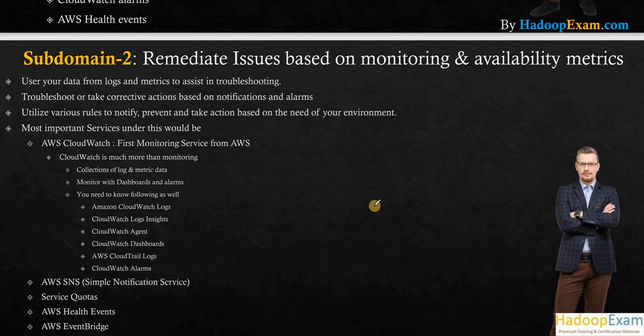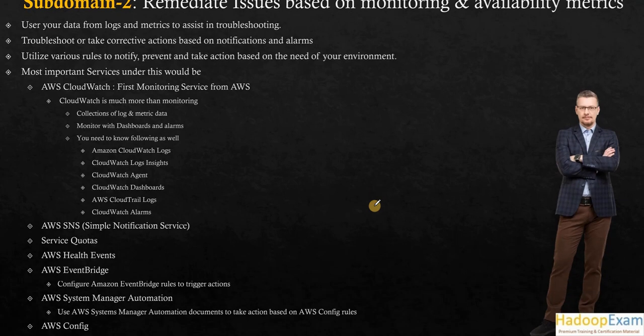Now you need to know the following in detail: Amazon CloudWatch Logs, CloudWatch Logs Insights, CloudWatch Agent, CloudWatch Dashboard, AWS CloudTrail Logs, and CloudWatch Alarms, correct? You should know how to utilize all of these. Then Amazon SNS, the Simple Notification Service we have discussed, Service Quotas, AWS Health events, and Amazon EventBridge.